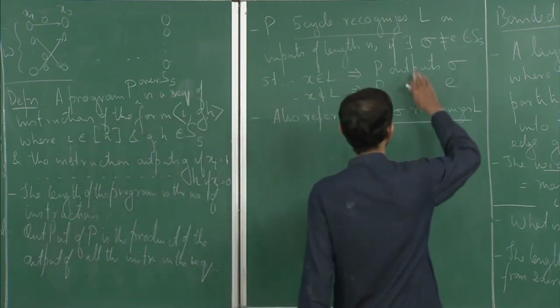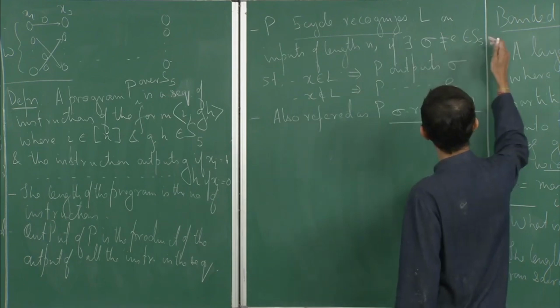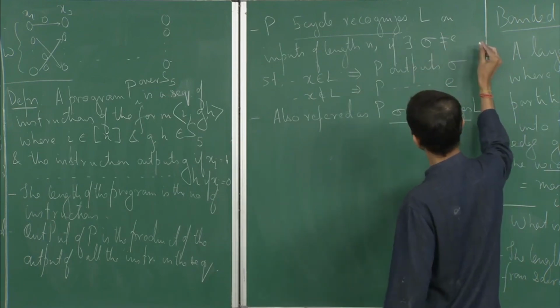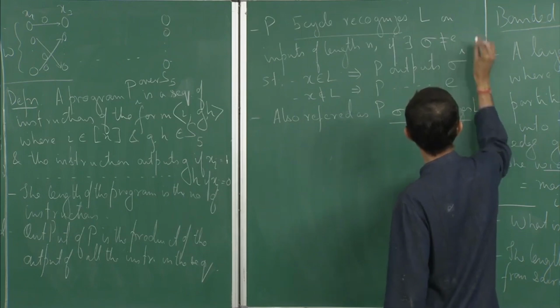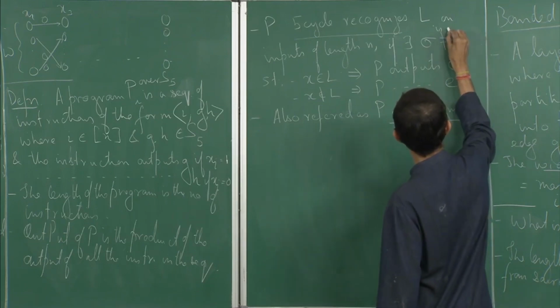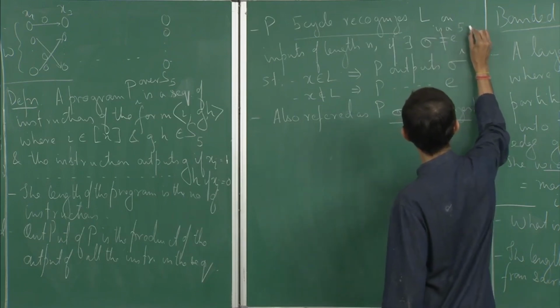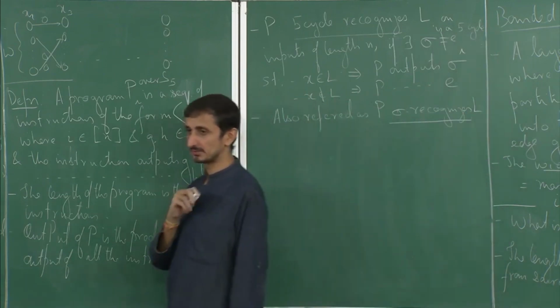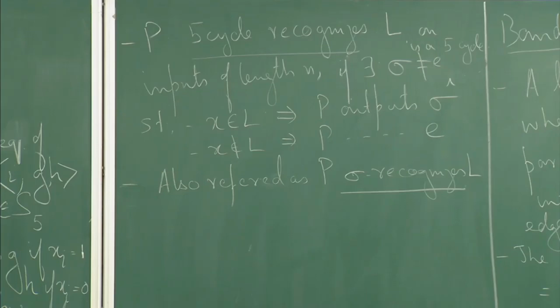Yeah, correct. So sigma not equal to E is a 5 cycle in S5. So it is not just any permutation. So this is a good point. It is a 5 cycle.